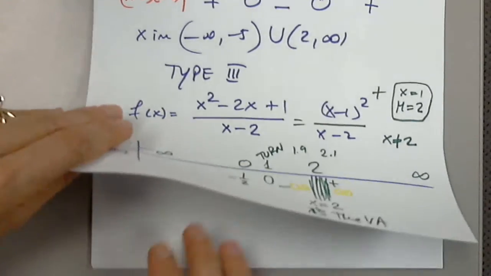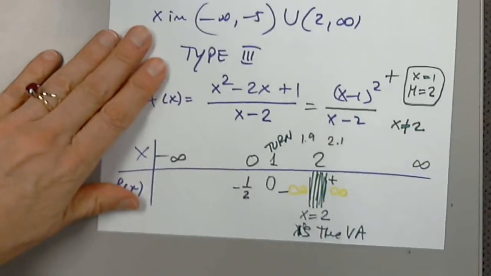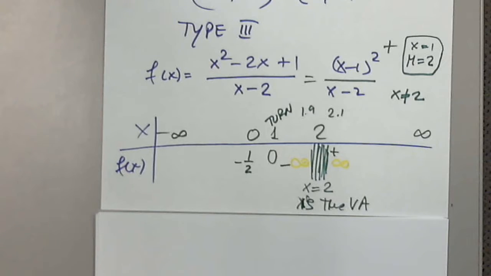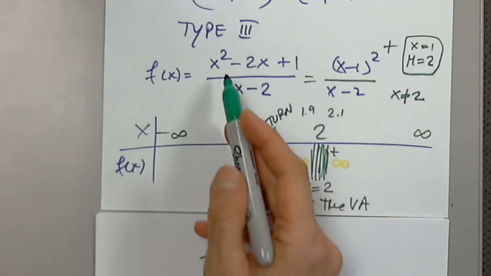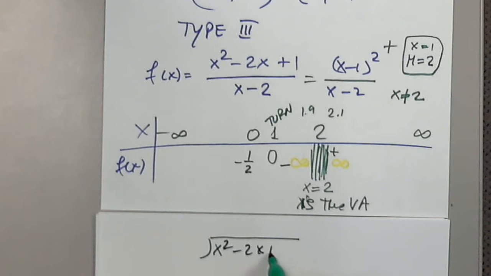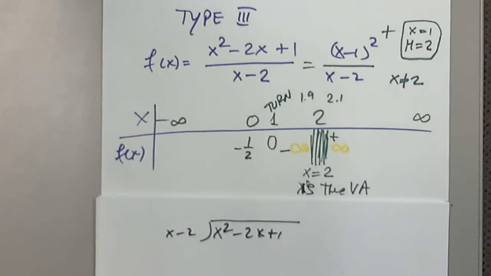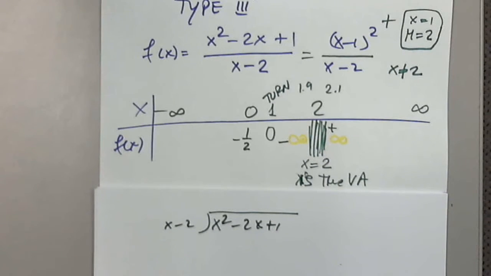Ready? How do I determine the slant asymptote? Okay, I have to use long division or synthetic division. So it's x squared minus 2x plus 1 divided by x minus 2 if you want to use long division. The quotient of this division will be the slant asymptote. Ready? How do I start? What is the first question here?